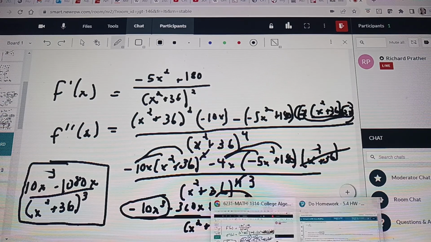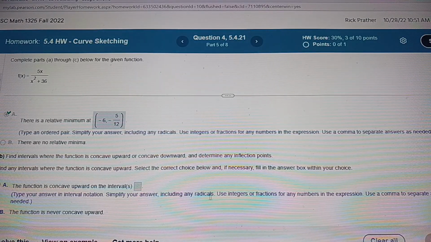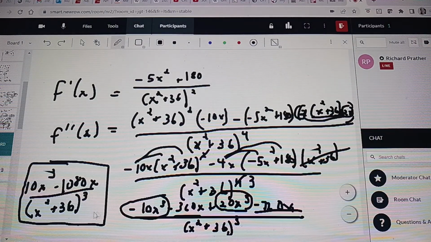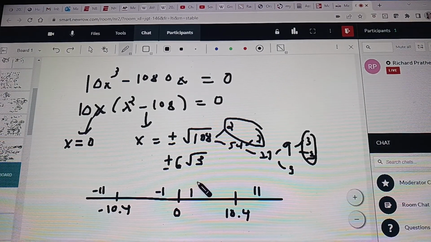Okay, let's see what they want for answers here. Use integers or fractions, okay. Well, first of all, it was negative. So you're negative in your second derivative. So that's a portion that's concave down.